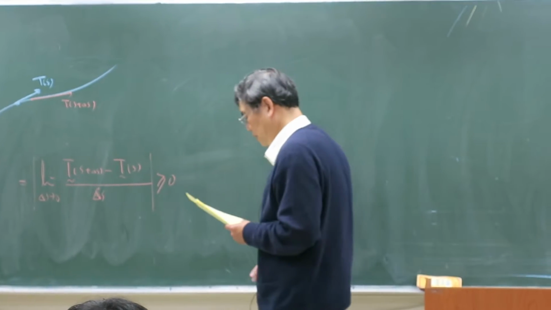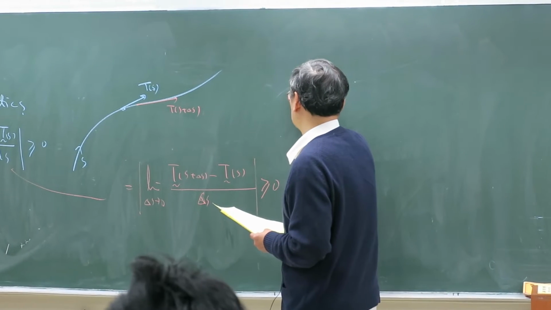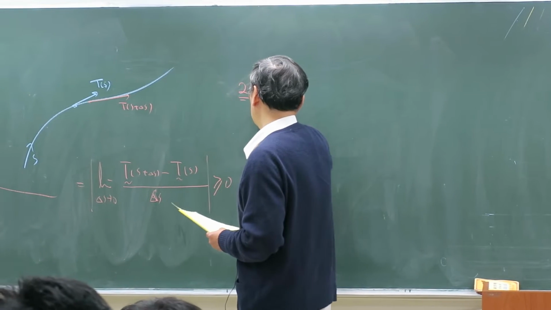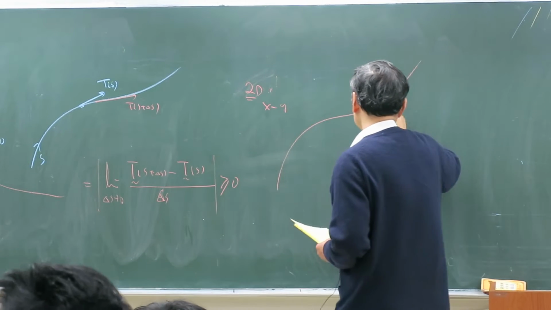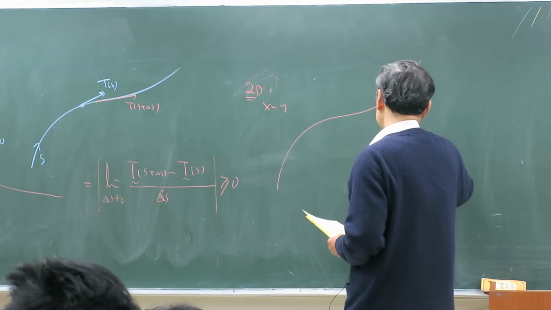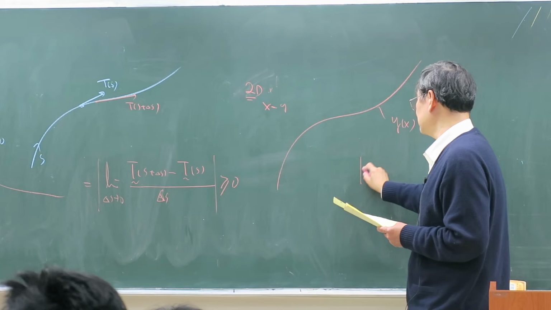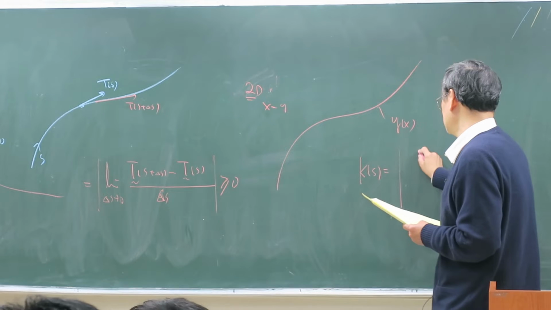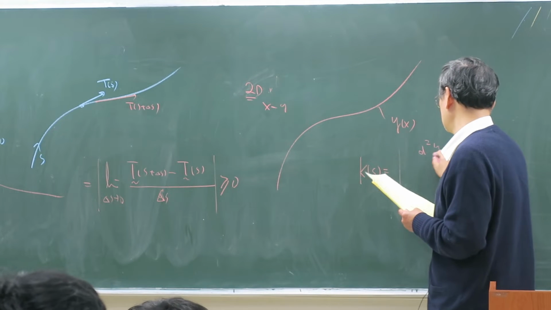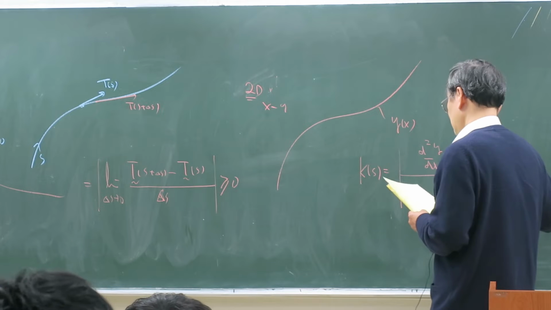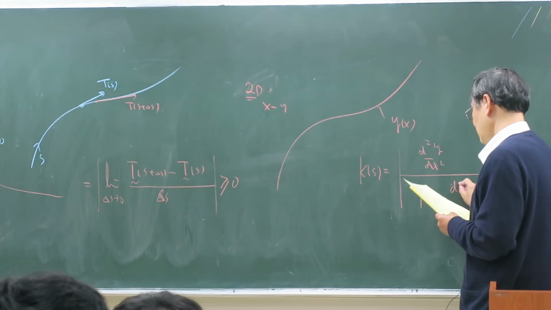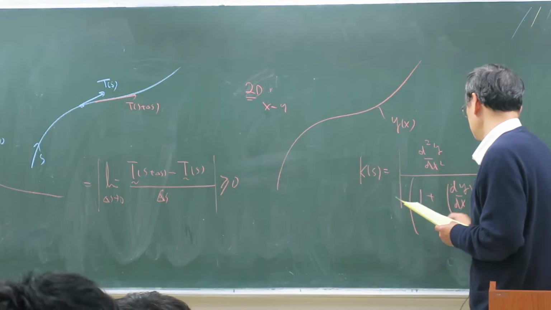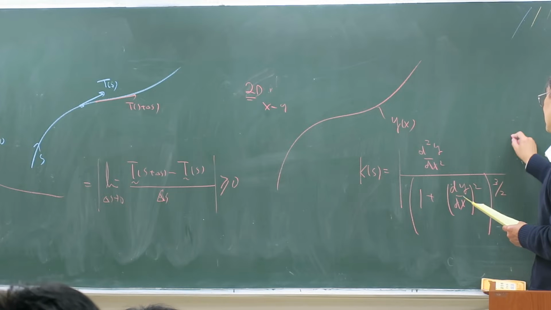And in a plane, in 2D, x, y, if I have a curve y of x, the curvature at s is equal to d²y/dx² over (1 plus (dy/dx)²) to the power 3/2.